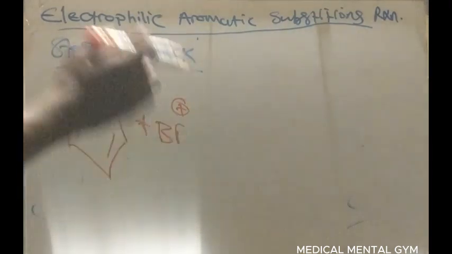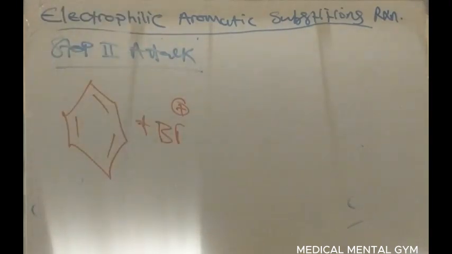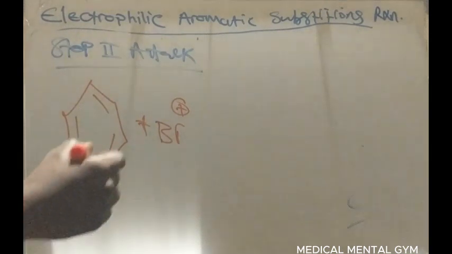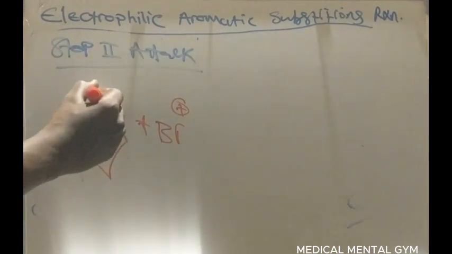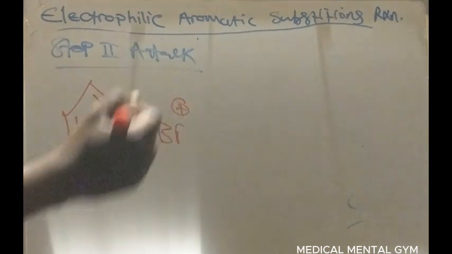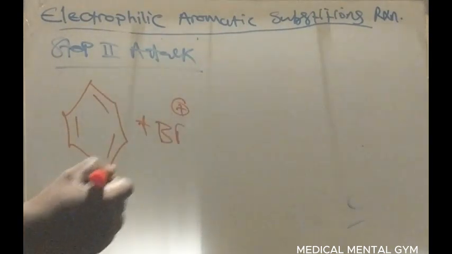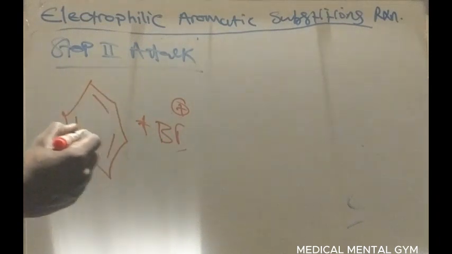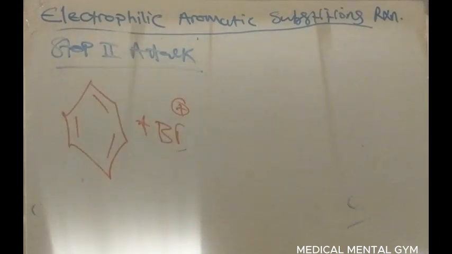This bromine ion will act as our electrophile in step 2, the aromatic attack, and will abstract any of the pi bonds in the aromatic system. There is an attraction between the pi bonds of the aromatic system and the positively charged bromine.